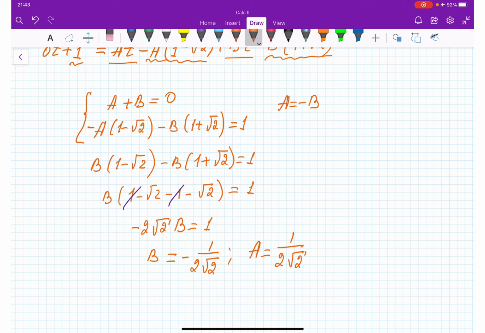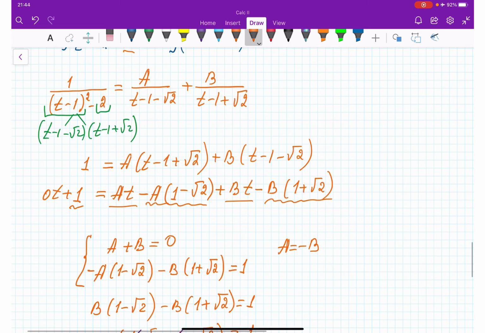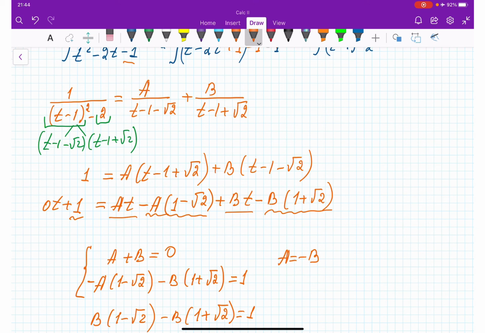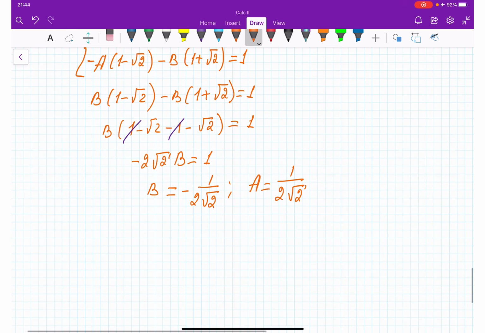All right, once we have it, now we are moving this back to our original integral, where we have, let me copy this. Okay, well, I can't remember.